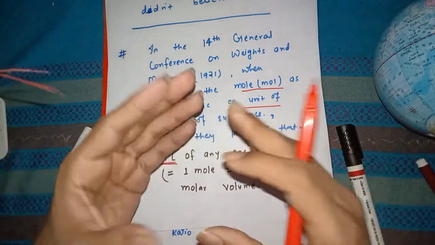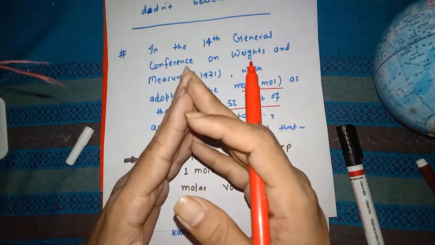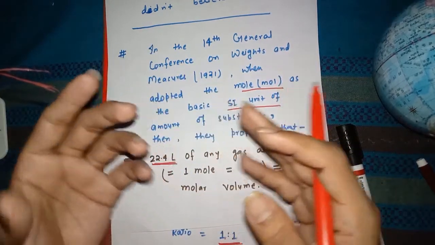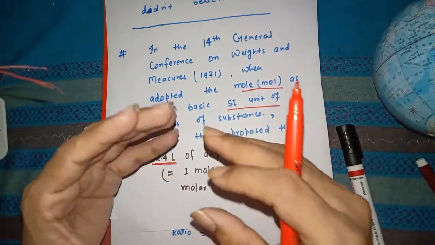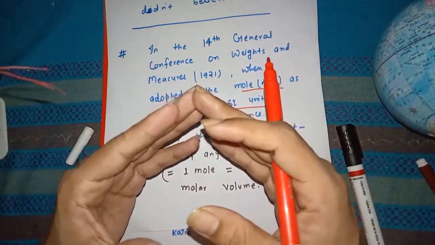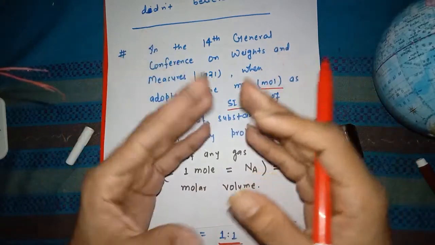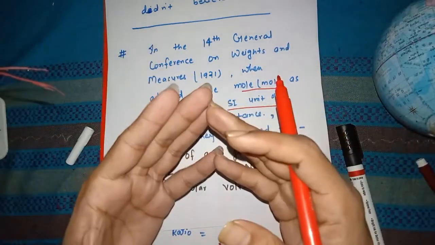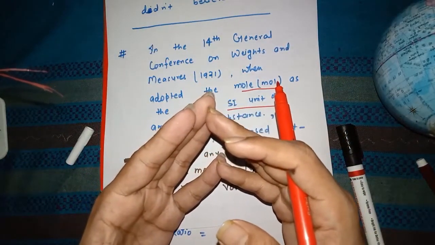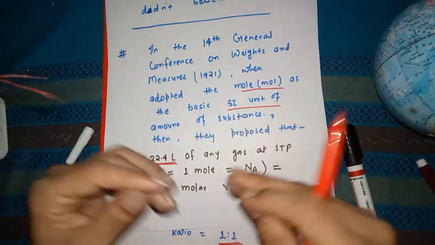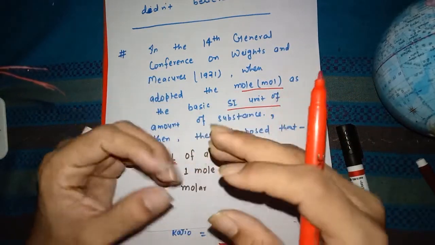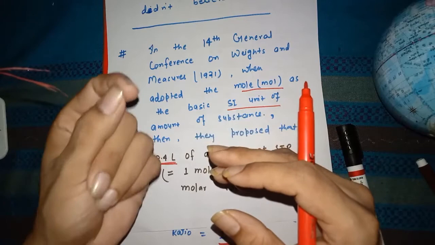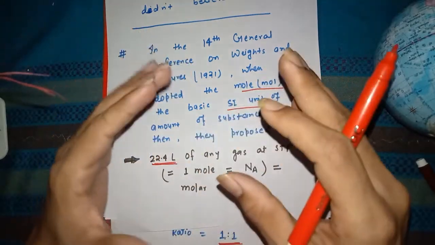And by Avogadro's law, which was already proposed, which states that equal volumes of all gases contain equal numbers of molecules at STP, they proposed that you take 22.4 liters for all gases as a standard.